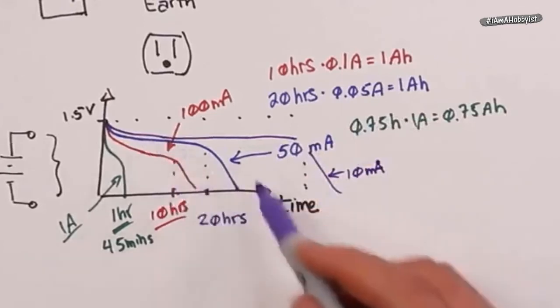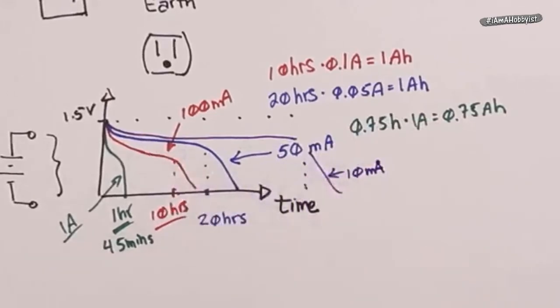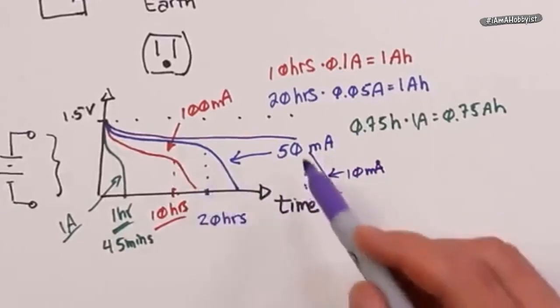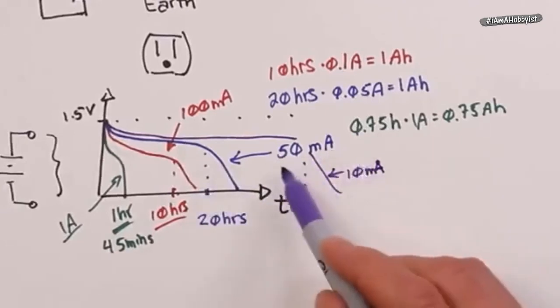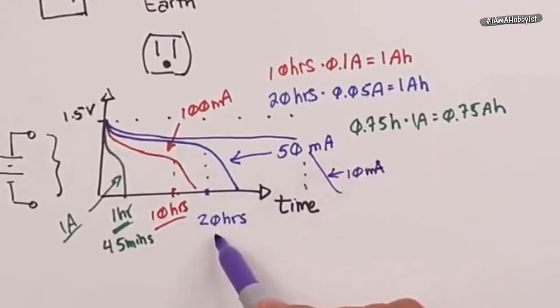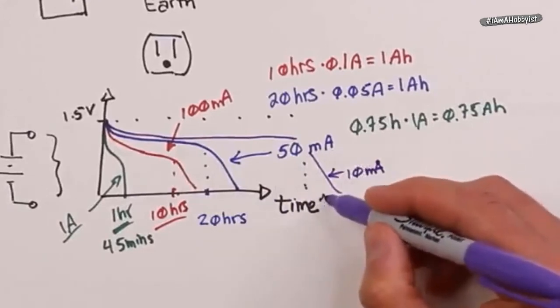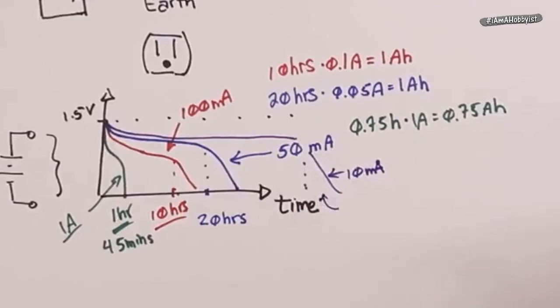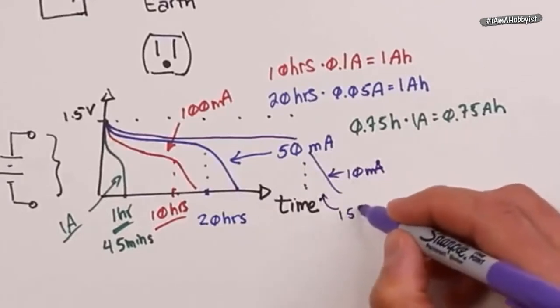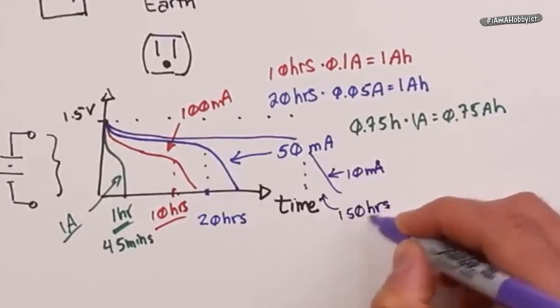So, the blue one here, 50 milliamps at 20 hours, if this was perfectly linear, you'd say, well, that's 1/5 the current, so this is going to be 5 times as much, 100. Now, it's probably going to be, well, I don't know, maybe 120, 150 hours. It's going to be more than you expect.